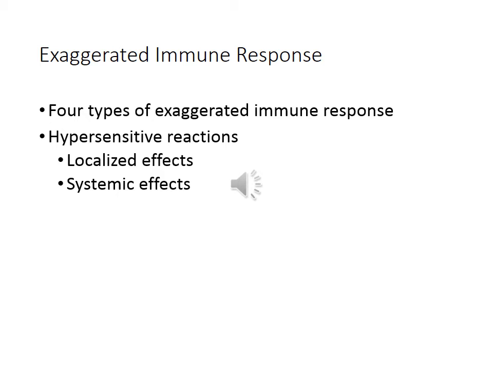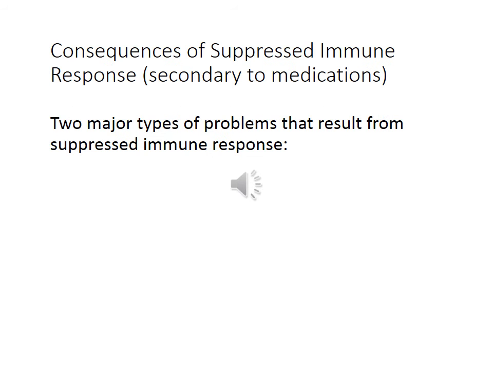Type 3 is an immune complex, like serum sickness, necrotizing fasciitis, glomerulonephritis, rheumatoid arthritis, or systemic lupus erythematosus. And type 4 is cell mediated, so your contact dermatitis, tubercular lesions, graft rejection. Then there's hypersensitive reactions, so you have your localized and you have your systemic effects.